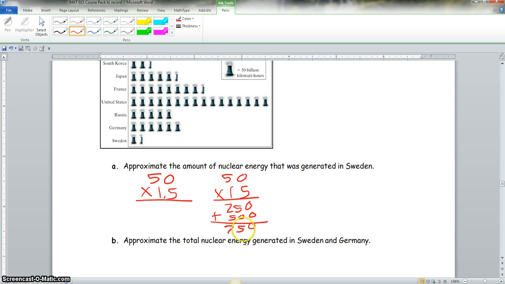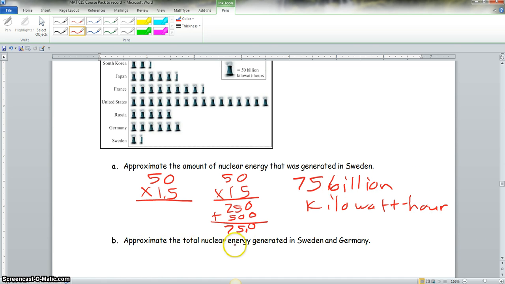Now we add one digit behind the decimal, so it'll be 75, and we know this is billion. 75 billion kilowatts per hour. So that is our final answer.